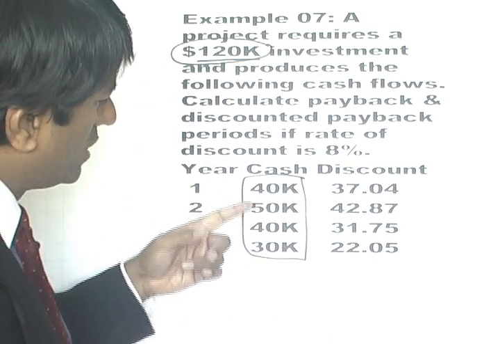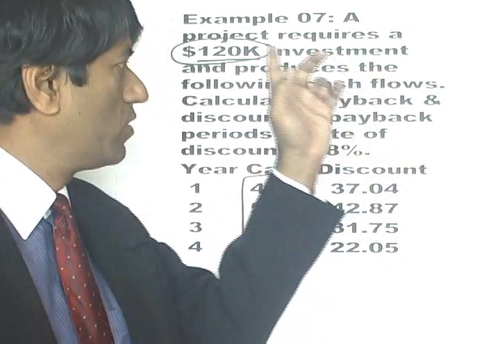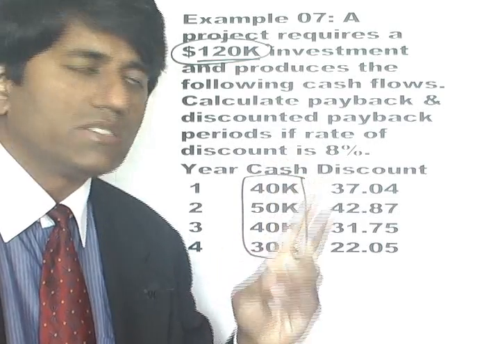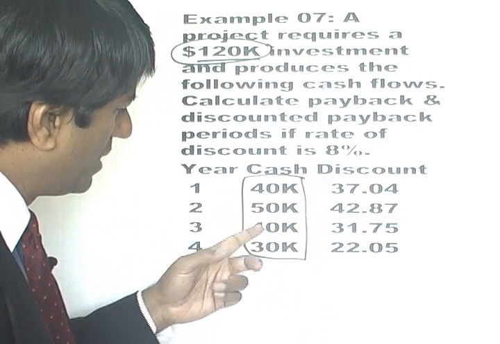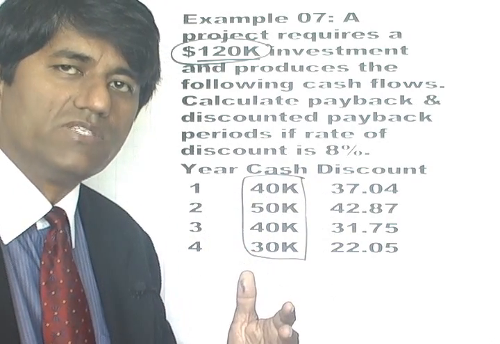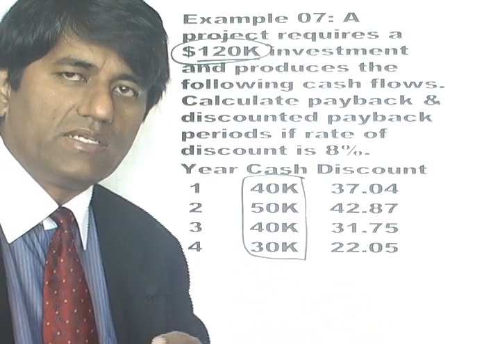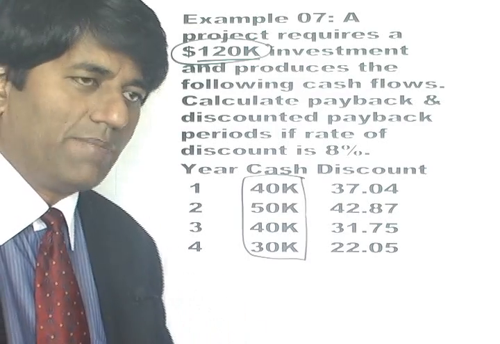You add 40 plus 50, so after 2 years you've got back 90,000. You have not got back your entire amount, so your payback period must be greater than 2 years. At the third year, you get 40 plus 50 plus 40, or 130,000, which exceeds the amount invested. So 3 is greater than the payback period, and 2 is less than the payback period.